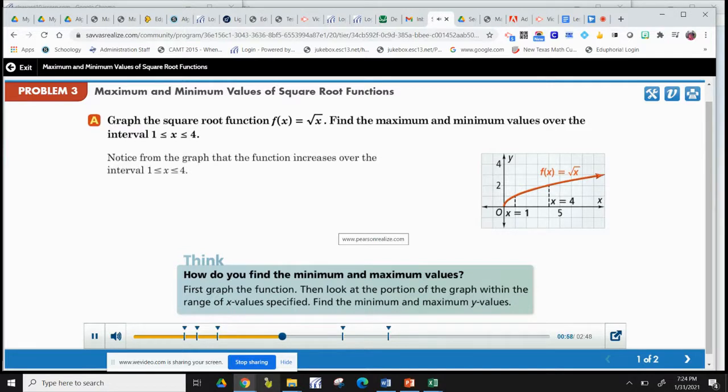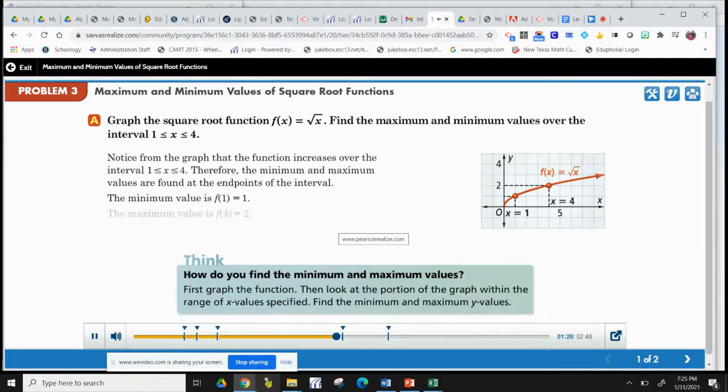The function increases over the interval x is greater than or equal to 1 and less than or equal to 4. The minimum and maximum values are found at the two endpoints of the interval. The minimum value is f of 1, which equals 1. The maximum value is f of 4, which equals 2.